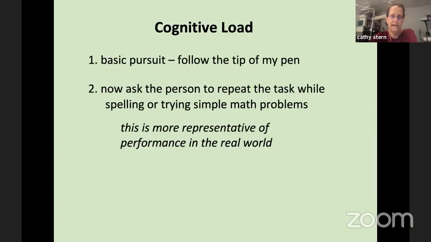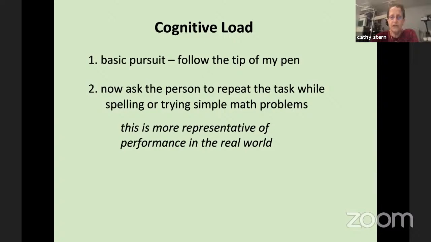Also, what about cognitive load? If I do a basic pursuit movement, let's say I just take the tip of my pen and I say to you, follow it. You may not have any trouble doing that. But now, while I'm having you do that, I might ask you some simple math problems, or I might ask you to spell some words that I know you know. All of a sudden, in many patients, you will see that they can't do the following and the cognitive task at the same time.